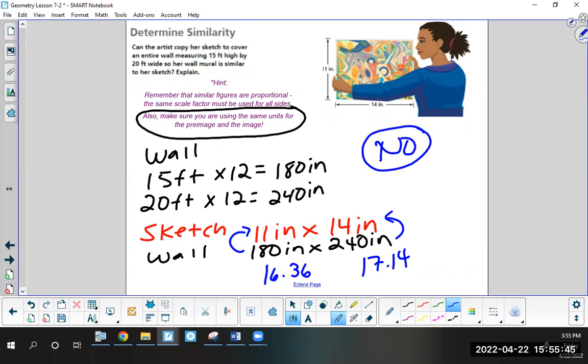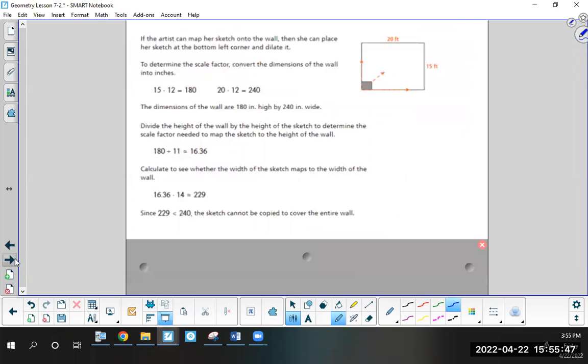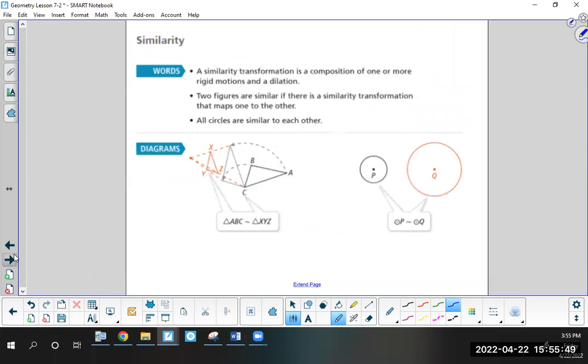All right, so let's go ahead and summarize this a little bit. In words, a similarity transformation is a composition of one or more rigid motions and a dilation. Two figures are similar if their similarity transformation maps one onto the other. And then this one, we haven't talked about circles yet, we will in our next unit: all circles are similar to each other.